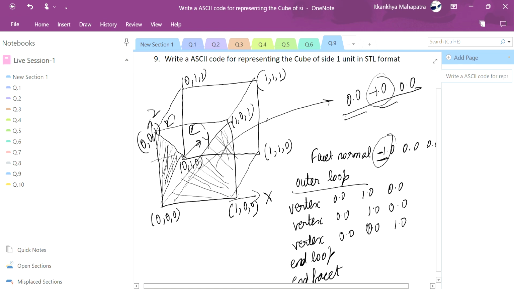Sorry, I just wanted to represent how it changes when you change this side of one unit. Yeah, the vertex will be 100. The vertices will change according to that. I didn't draw it completely, so to avoid confusion, I'll just make the cube again.